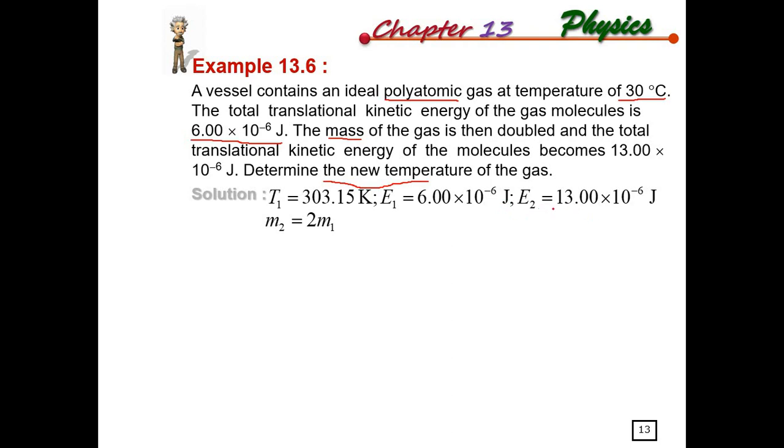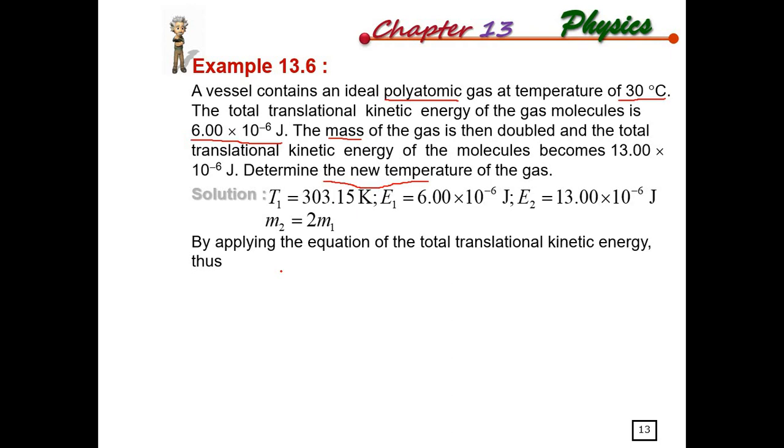The energy when it is doubled, E2, equals 13.00 times 10 to the power of minus 6 joule. And the final mass equals 2 times the initial mass. It is given that it is doubled.